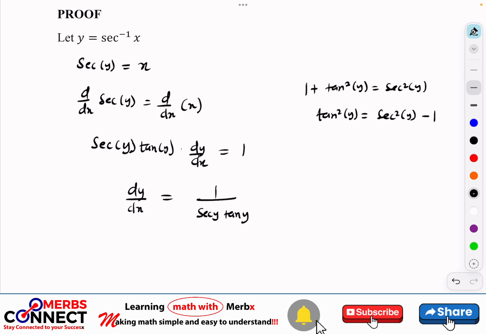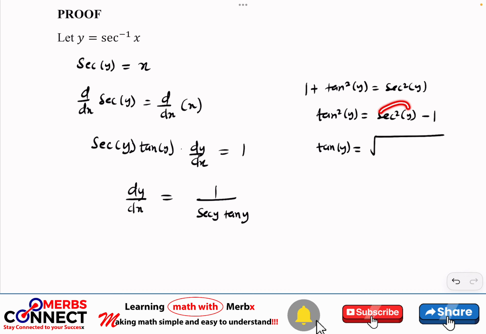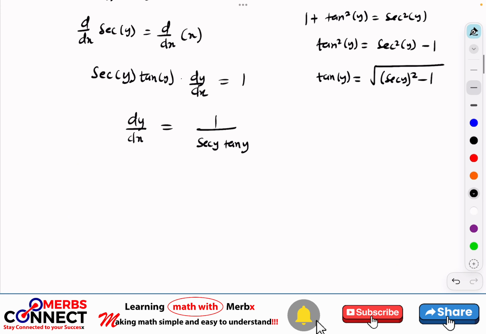So I can take the square root on both sides, and I'm going to have tangent of y is equal to square root of secant y all squared minus 1. So I'm going to replace this one by this. So I'm going to have 1 divided by secant y square root of secant y all squared minus 1.